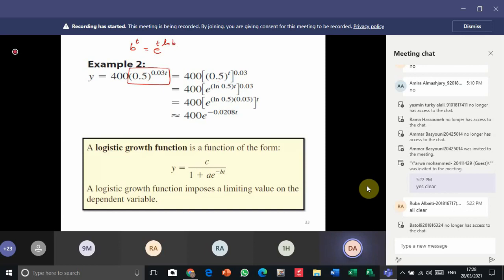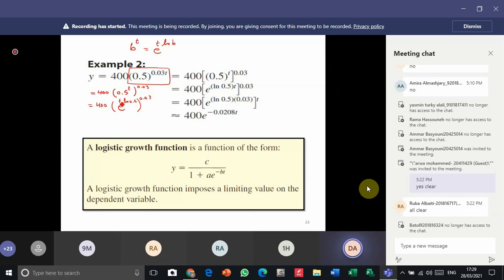So firstly put this value: 0.5 to the power t, all to the power 0.03. Converting this to exponential, we have 400 e to the power t ln 0.5, all to the power 0.03.